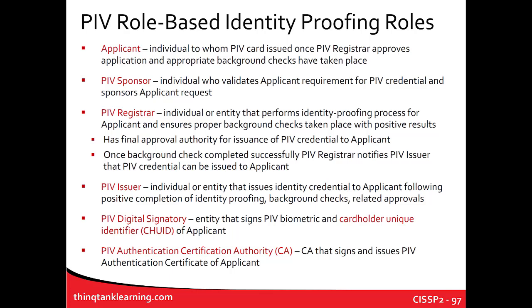If all the requirements get met, then they go to the issuer, and the issuer issues the credentials and handles all the physical and digital provisioning of the PIV card and so on. A digital signatory signs the biometric and the cardholder unique identifier, the CHUID, and that makes sure that the credential is cryptographically bound to the entity.